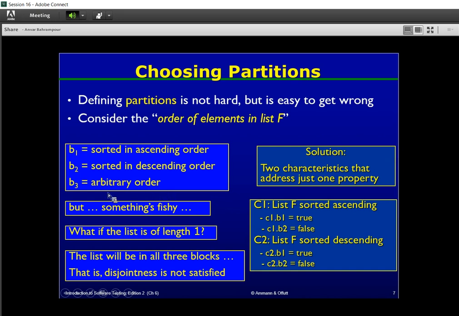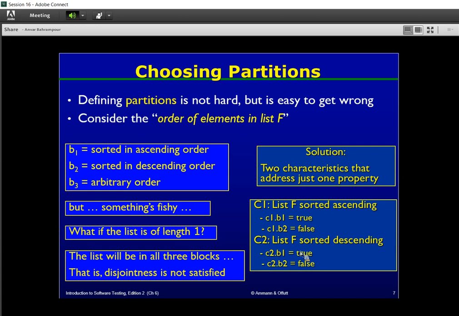So to deal with this tricky point, we simply can consider each characteristic in isolation. At first we considered the order of the list as one characteristic, but in this step, in the second decision, we consider 2 isolated characteristics for partitioning.